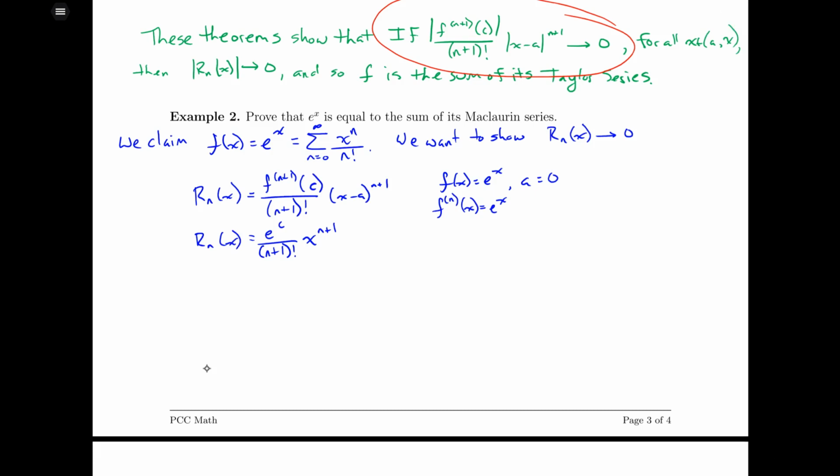So notice everything looked pretty complicated beforehand, but here we get a nicer expression. We just need to keep in mind what c is. c is some value between a and x. In this case, c is a value between a, which is 0, and x.